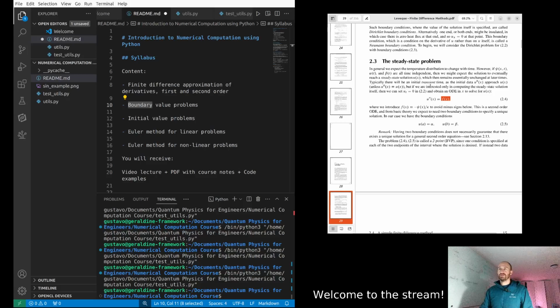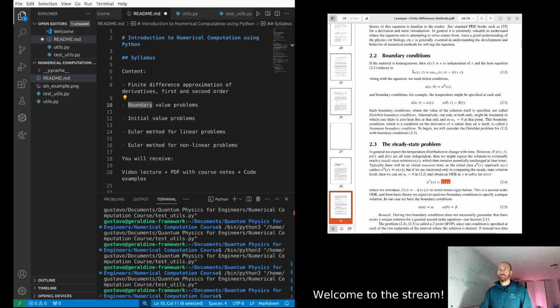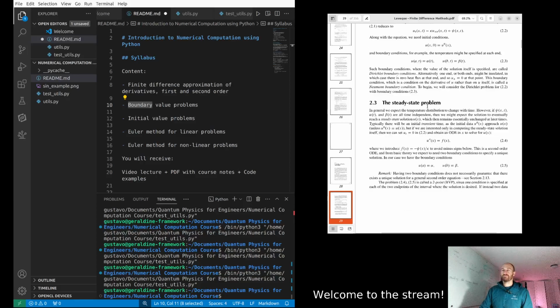It's basically a specific example of the heat equation where the function is not dependent on time. That's why it's called the steady state. If u is not dependent on time, then the time derivative of it is 0 because it's constant. The derivative of a constant is 0. So this equation reduces to this equals minus that, as it passes to the other side.